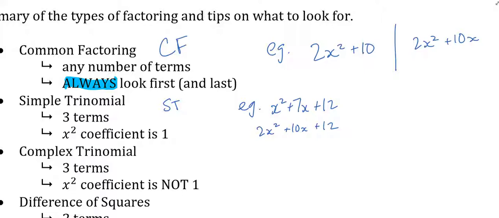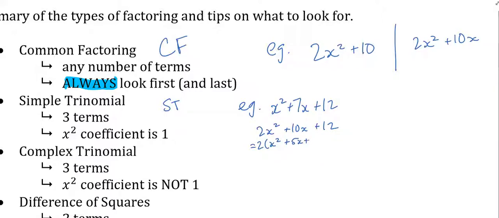Sometimes it's hiding. You could do complex trinomial factoring with that, but complex trinomial factoring is a lot harder than simple trinomial factoring. So if I notice the common factor of 2, and I factor it out, this would be equal to 2 times x squared plus 5x plus 6, then I have a simple trinomial left to factor.